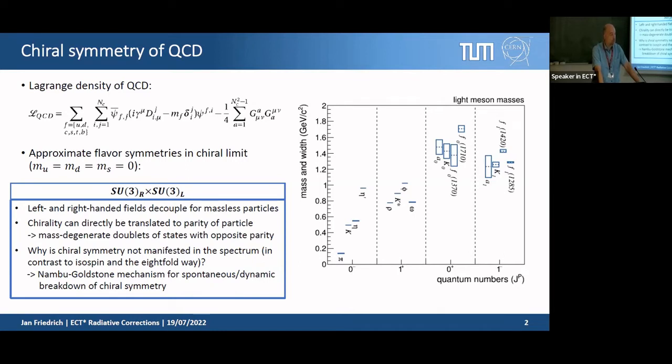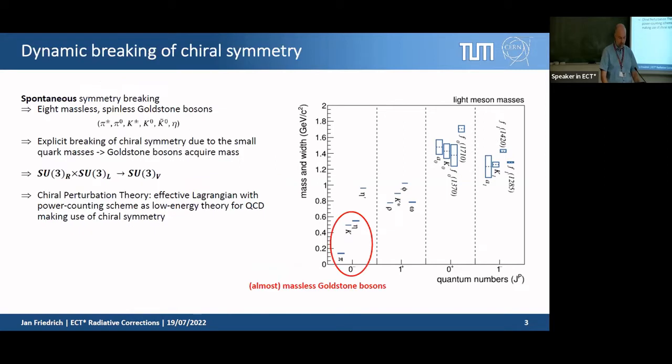A good question then is why the chiral symmetry is not manifested in the spectrum, despite the isospin symmetry, which means that at least the lightest quarks, the up and down quarks, are both light and of similar mass, and the corresponding eightfold way. The answer is the Nambu-Goldstone mechanism for spontaneous symmetry breaking, which features 8 massless, spinless Goldstone bosons.